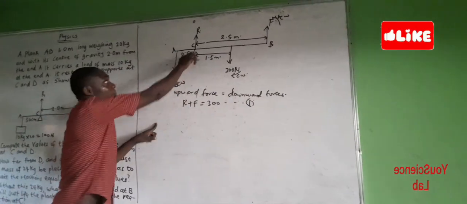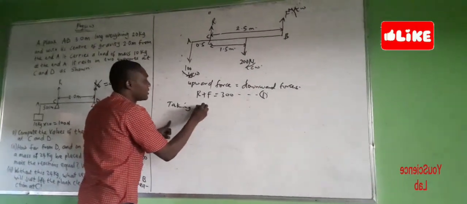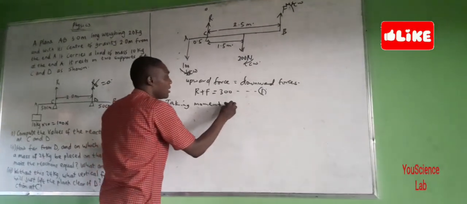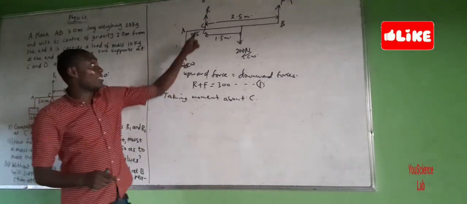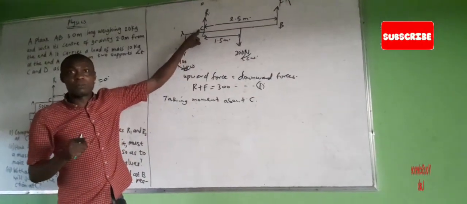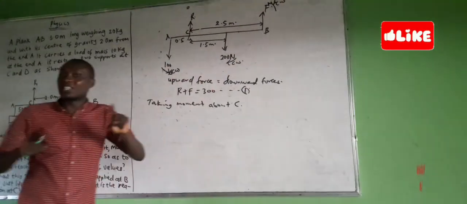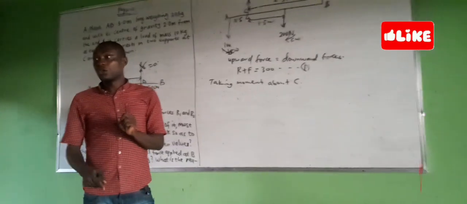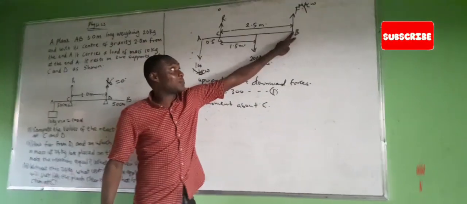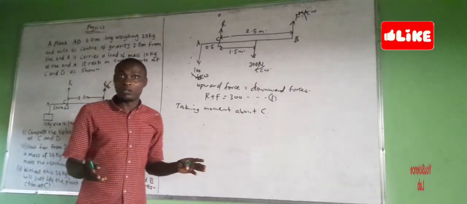So if you take moments about C, it is very important for you to state where you are taking moments from, because I can also take moments from here. You must state it and determine your clockwise and anti-clockwise direction based on where you are taking moments from. If I take moments about B, the direction of this moment will change.